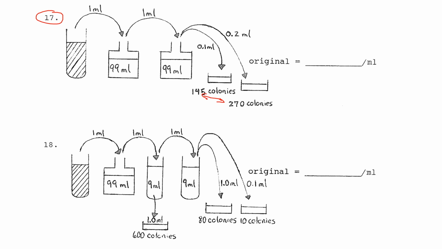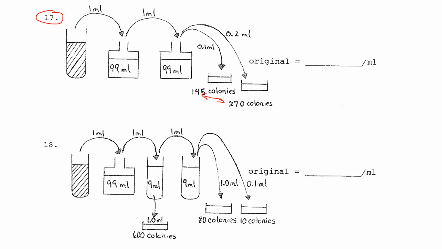And I can show you the answers to both. Ideally, what will happen is that for one number, we're going to get 1.45 times 10 to the 7th, and for the other calculation, we'll get 1.35 times 10 to the 7th. And so if you average those, you get 1.4 times 10 to the 7th.